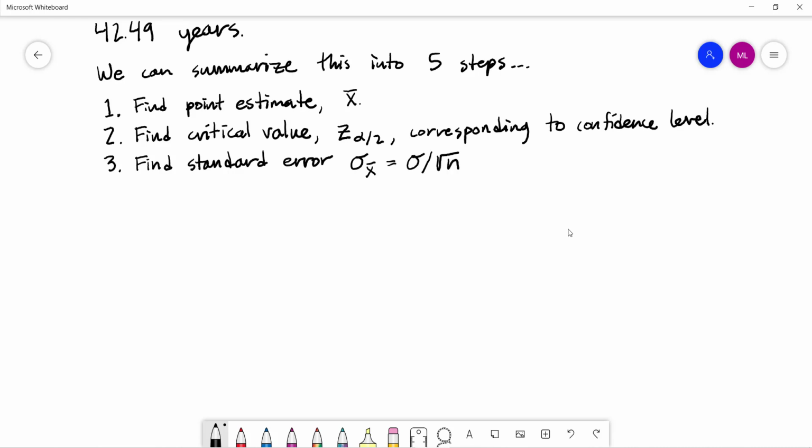In all of these problems, sigma will have to be specified somewhere in the problem, right? That was the whole idea here, is that sigma is known for all of these problems, and n will also be given, the sample size. Both of these numbers will be given.